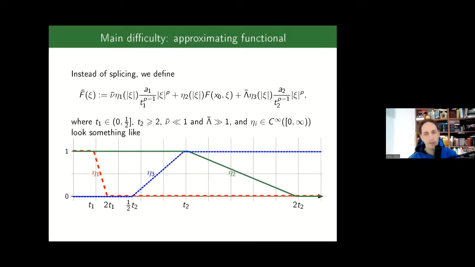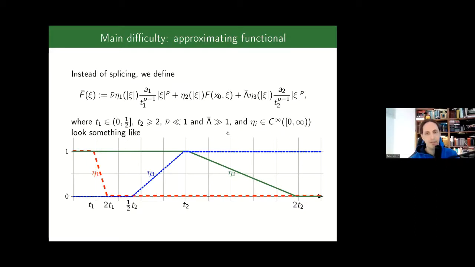Okay, so here again there are difficulties in constructing the approximating functional. You remember previously we took three parts. This time we instead used these kinds of transition functions, which are sketched in this drawing.